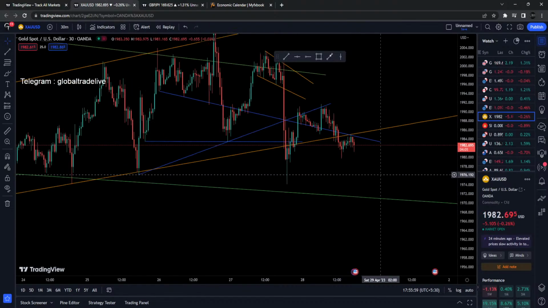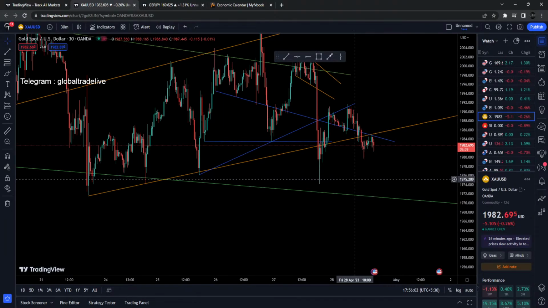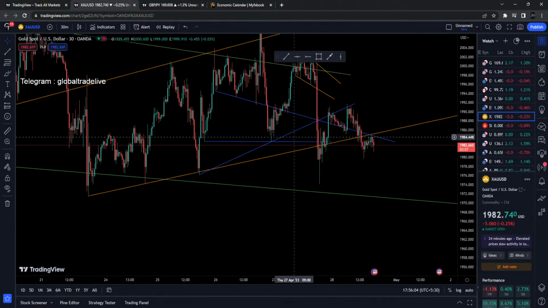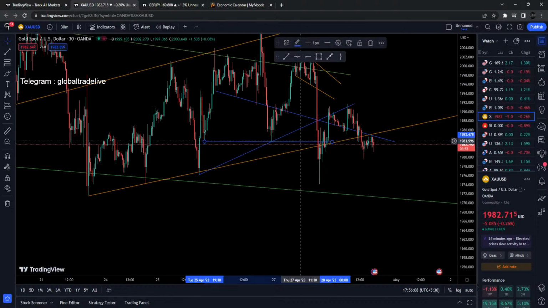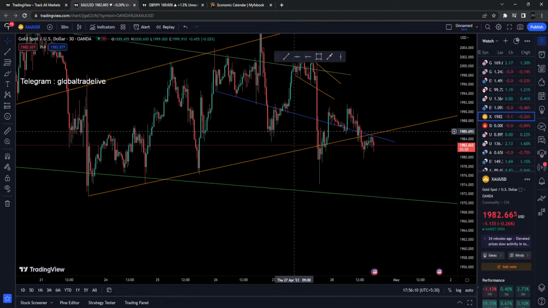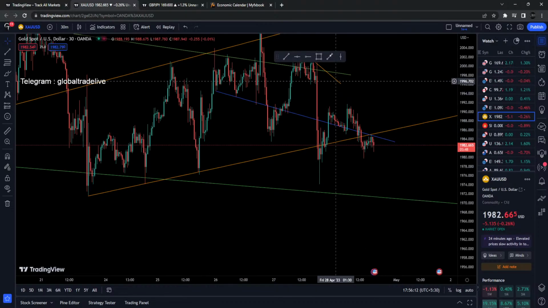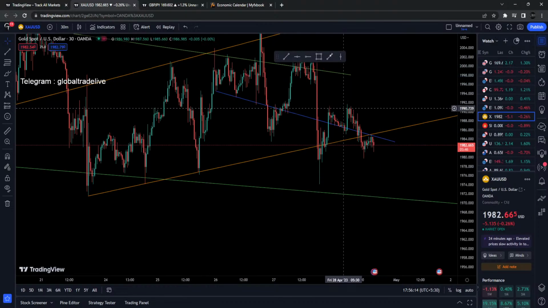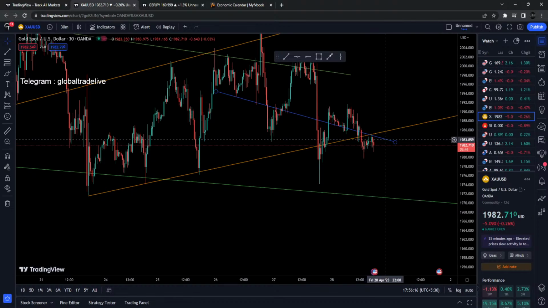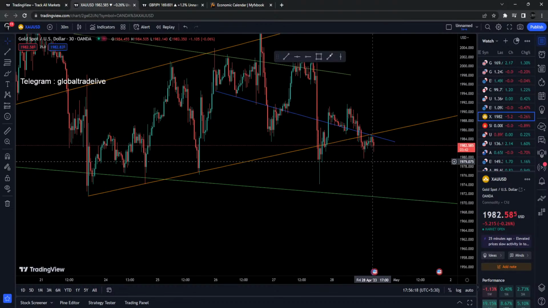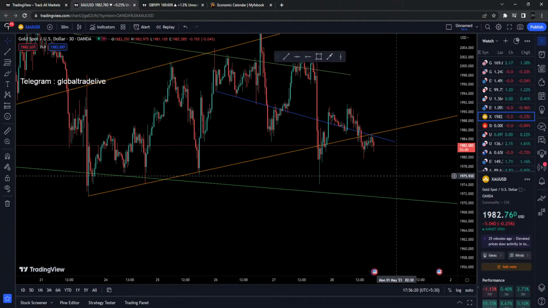And if I look at the 30-minute time frame, then 30-minute time frame is, I think, clearly let's just remove the unnecessary drawings. So the 30-minute time frame is telling us that it can possibly move down from here.